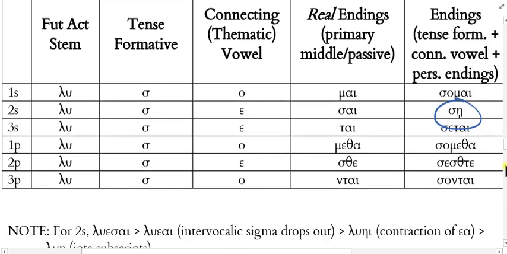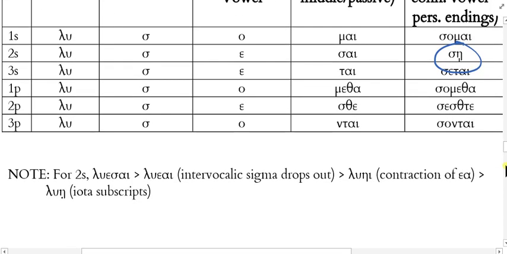What happened there? Let's walk through that real quickly, because that does not look like anything discernible. Something irregular. Okay, so it should have been lusesai. I'm sorry. It should have been lusesai. Sorry about that. So I've got missing sigmas here.